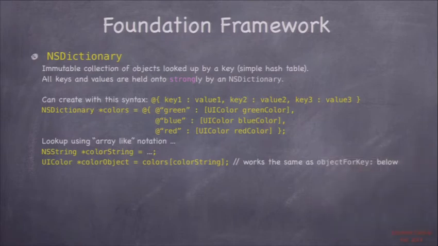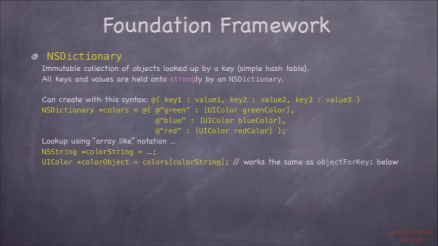You look up things inside a dictionary. You can obviously do objectForKey, which is a nice method for looking a value up by key. But you can also use square brackets, which looks kind of like looking up in an array. If I had that colors dictionary that's showing right there, and I had a string that was either green or blue or red, and I wanted to look it up, I can just say colors, open square bracket, the color string.